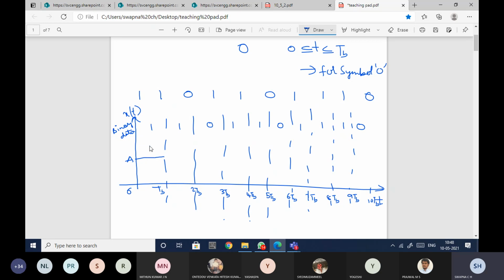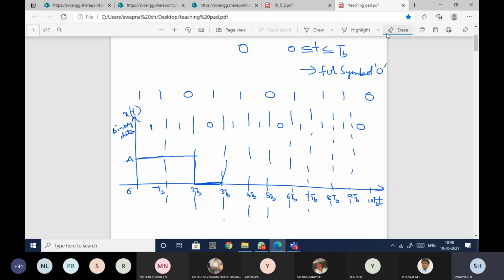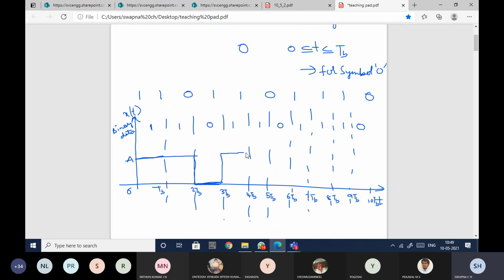So from 0 to TB, if the binary data is 1, then the amplitude will be 1. Next again it is 1, so again the amplitude will be 1 only. Next it is 0, so the amplitude will be 0. Then again it is 1, so 1. Again 1 1.